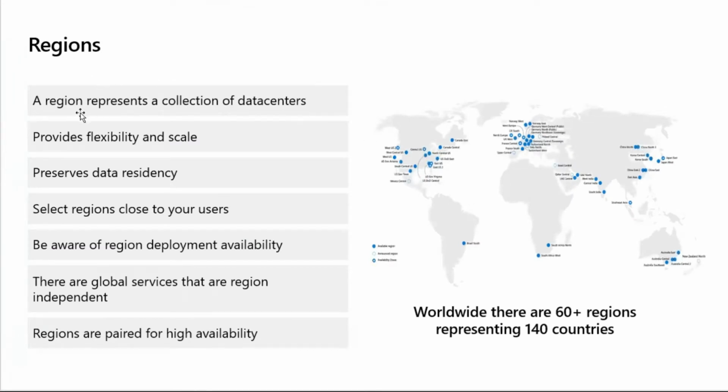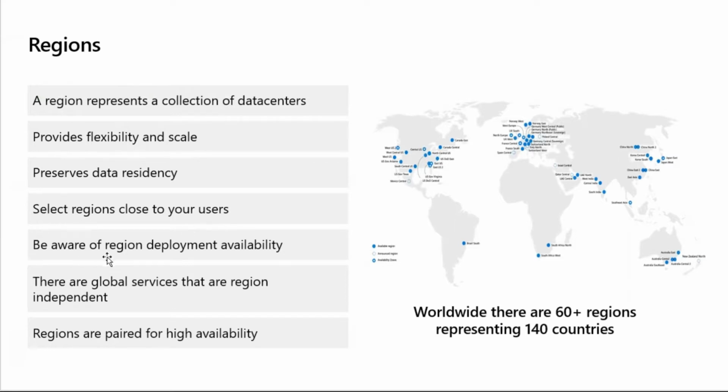So regions. A region represents a collection of data centers, provides flexibility and scale, preserves data residency, and lets you select regions close to your users. So that means when you created your account, even the trial account, they asked for the region. When you choose the region, you will have data centers over there.